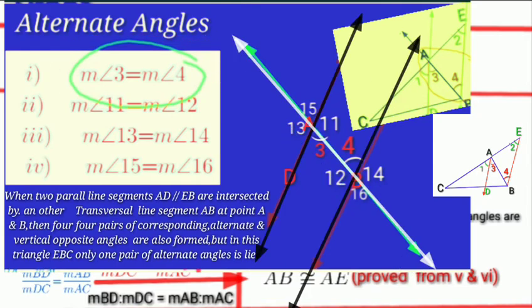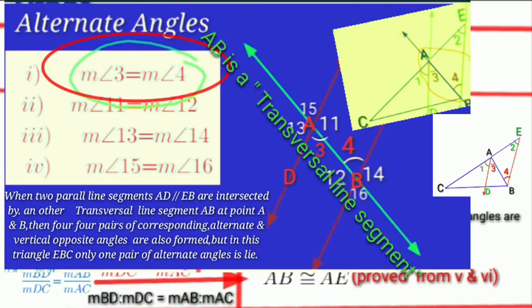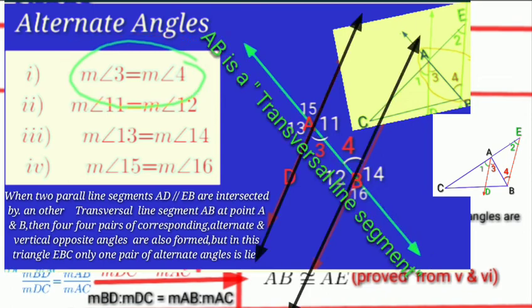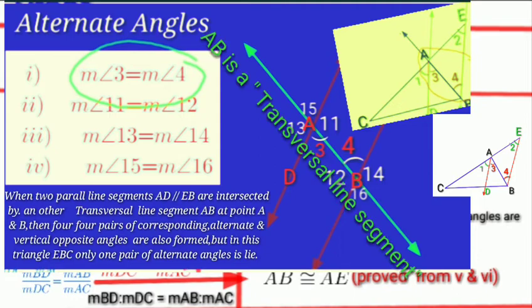But in this triangle ABC, only one pair of alternate angles, measure angle 3 is equal to measure angle 4, lies in this triangle, which is equation 2 of the proof.